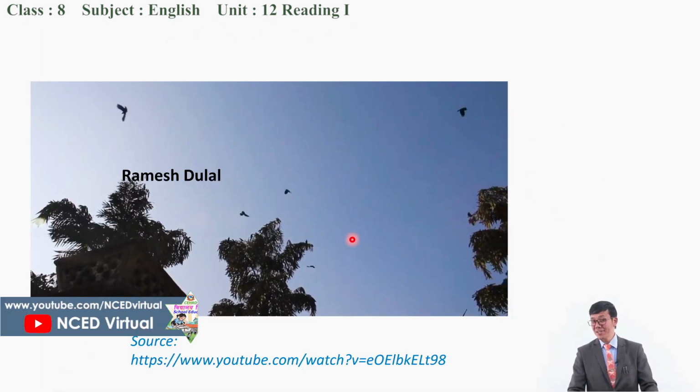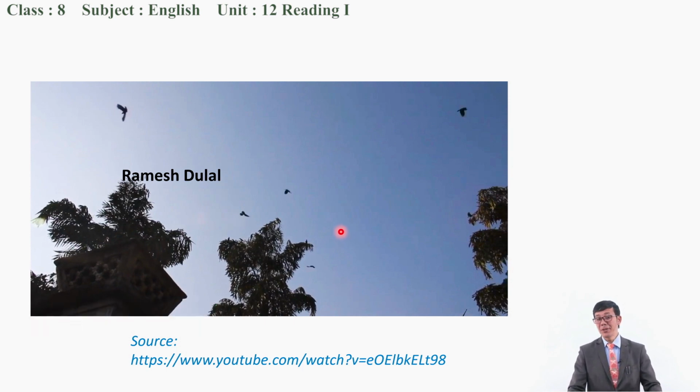You might have watched him on television, Kak Sammelan, right? So Ramesh Dulal is a famous birdman in Nepal, right? And he can gather hundreds of birds, producing typical sounds, like a crow, right? You can see this. This is amazing.